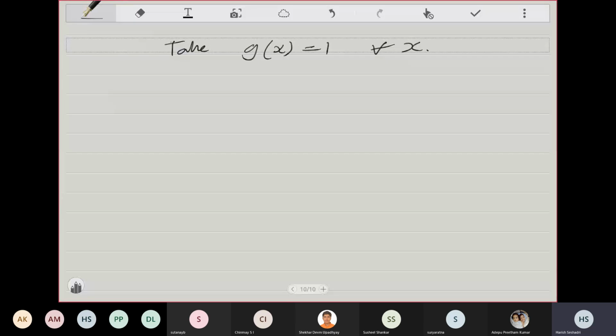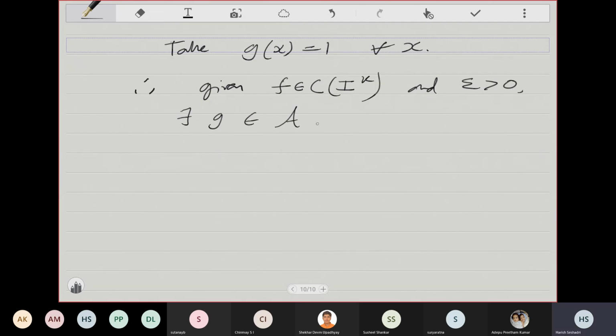All right. So therefore, given f in C(I^k) and epsilon greater than 0, there exists g in A with |f(x) minus g(x)| less than epsilon for all x in I^k.